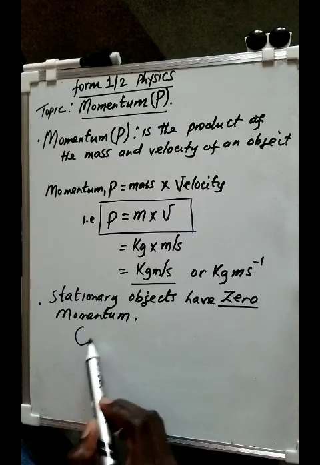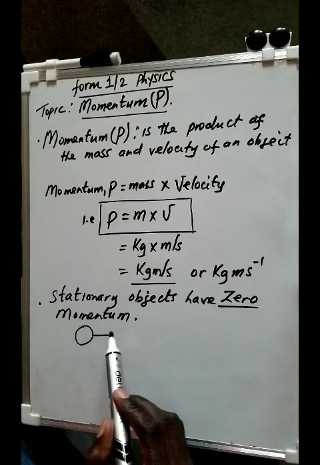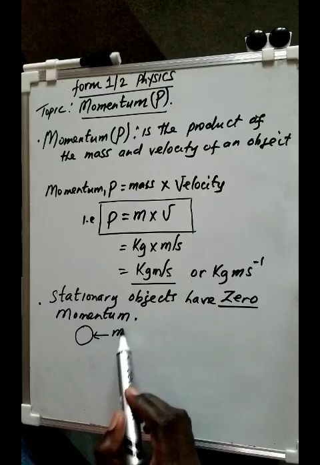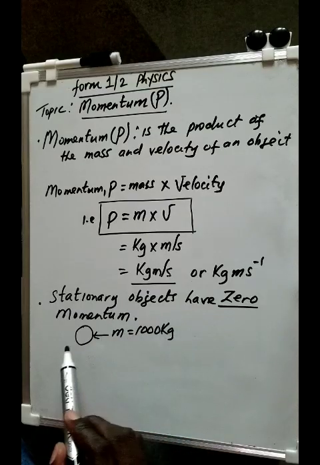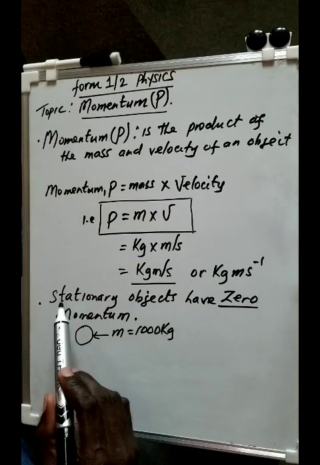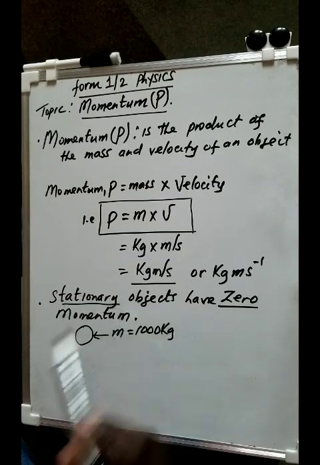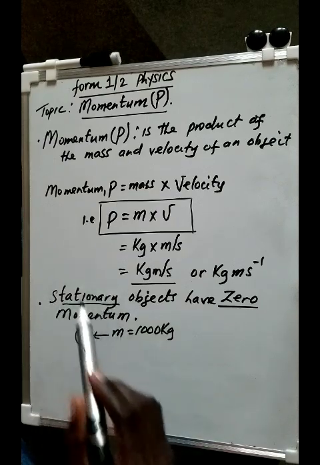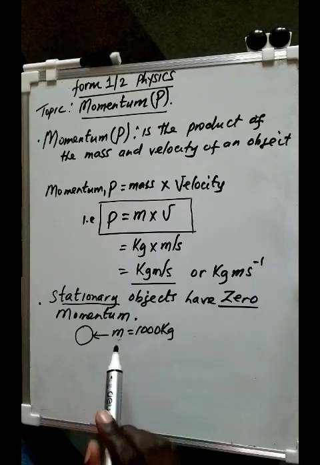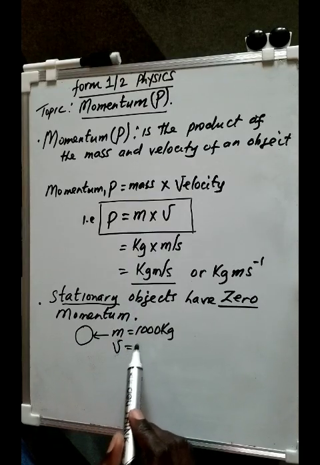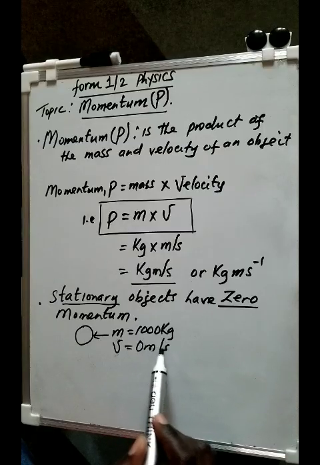Consider an object that has a mass of 1000 kg. If this object is stationary, it means it is not moving, so the velocity is equal to 0 meters per second.